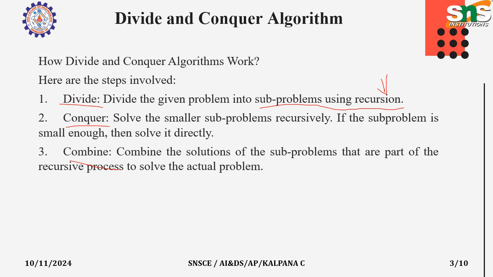The first step is dividing the problem into subproblems, then conquer. That means solving the subproblem recursively. If the problem is small enough, then solve it directly. Then combine: you have to combine all the solved subproblems, merging them. So these three steps are important: divide, conquer and combine.